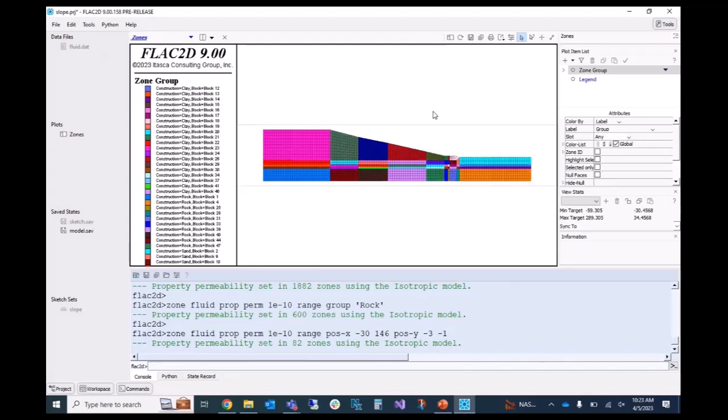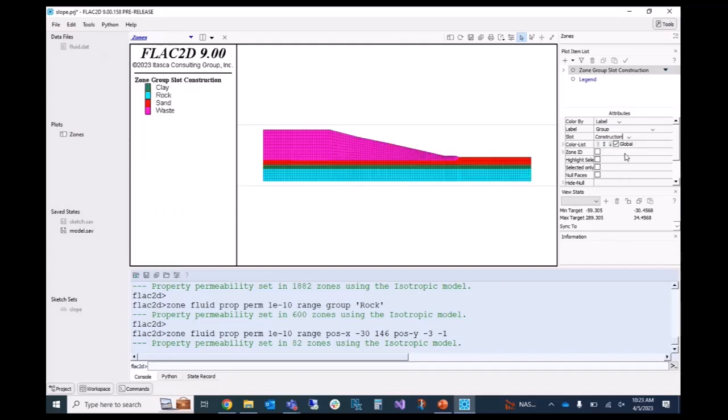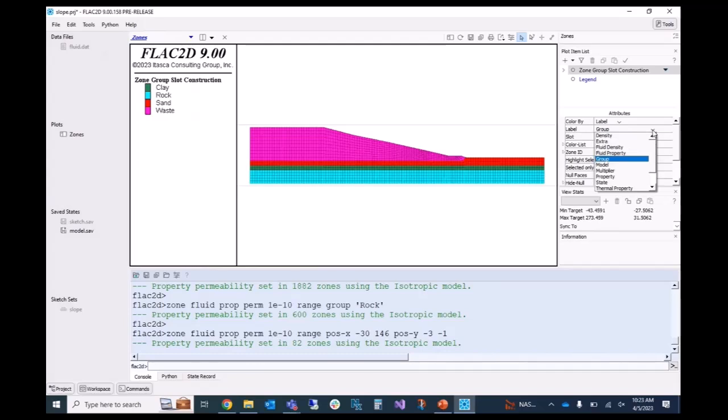So here's my zones. Again, this mishmash of different group names. Over here where it says slot, same as we did in the model pane, instead of any, you could choose construction to see our layers. Make sure we're still good. But what we really want to check here is if we did the fluid properties right. So where it says label, instead of group, change it to fluid property.